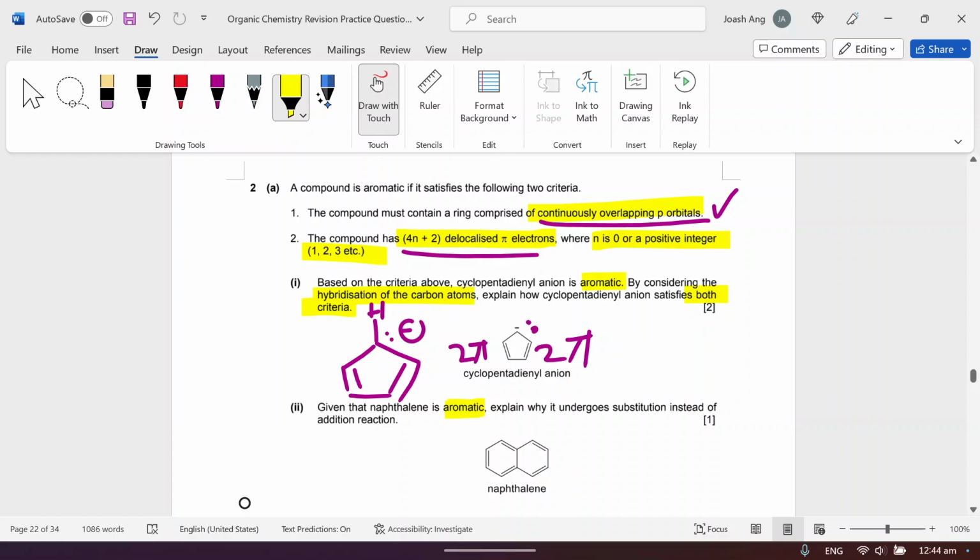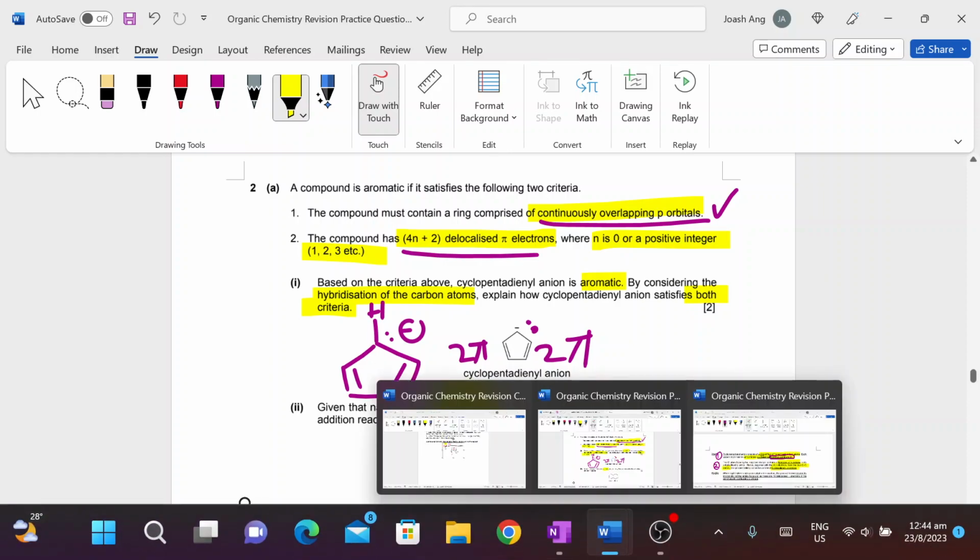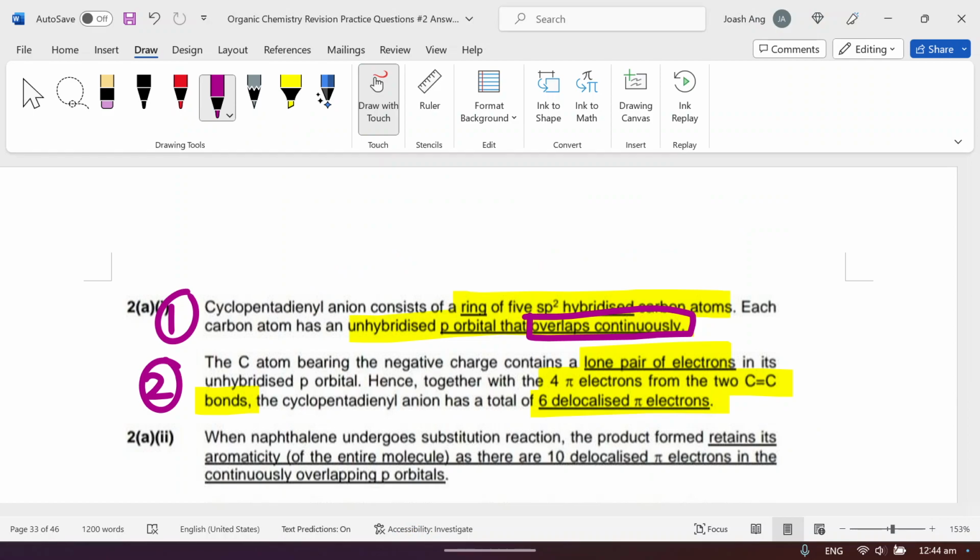So because of this aromaticity, it undergoes substitution to prevent the loss of aromatic stability, or in a sense, retains its resonance stability. Okay, so let's look at the answer. The product retains its aromaticity as there are 10 delocalized electrons in the continuously overlapping p orbitals.